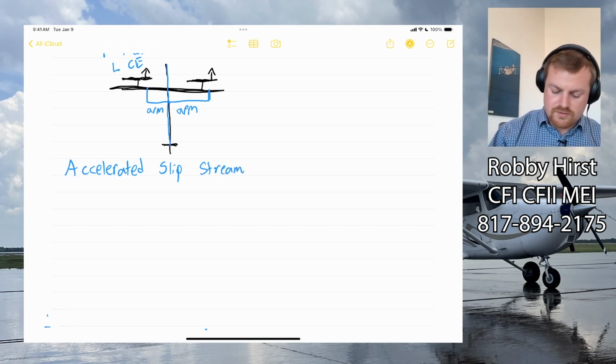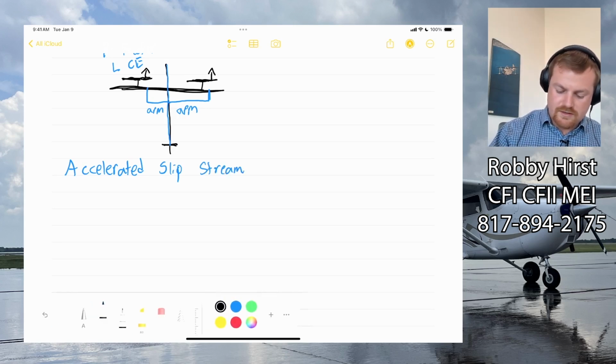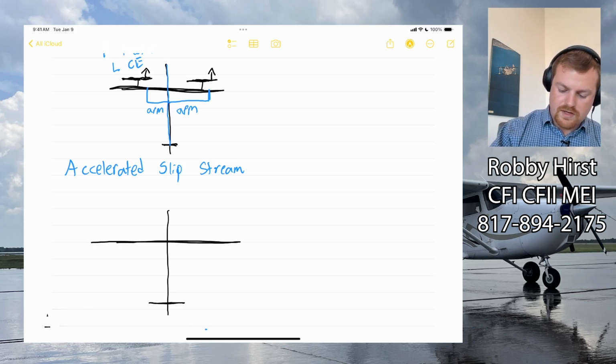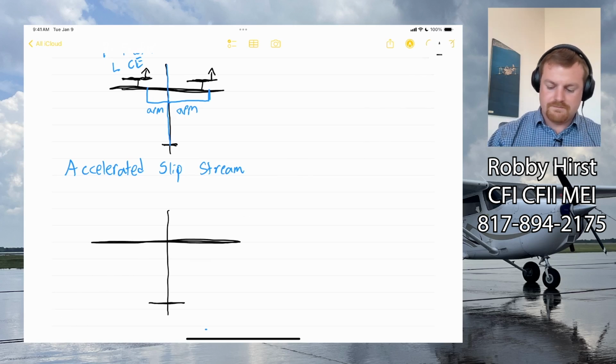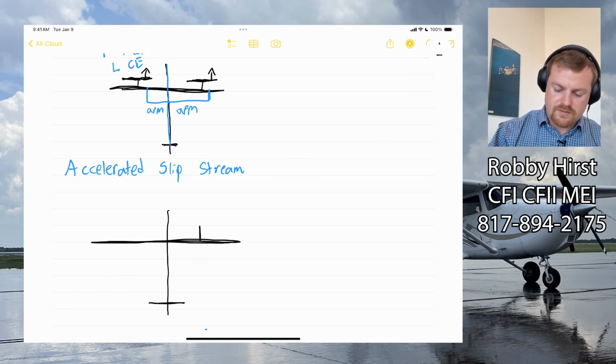So we're going to draw out our little aircraft again. We've got the fuselage, our stabilizer, and our wings. Okay, so we've got our props here, and this is going to be a little cheating.